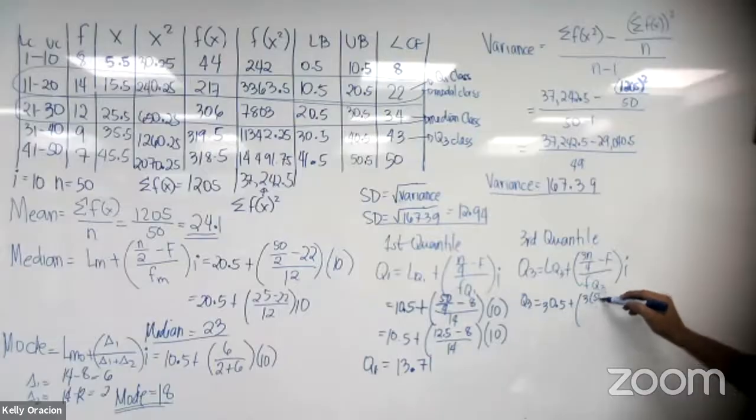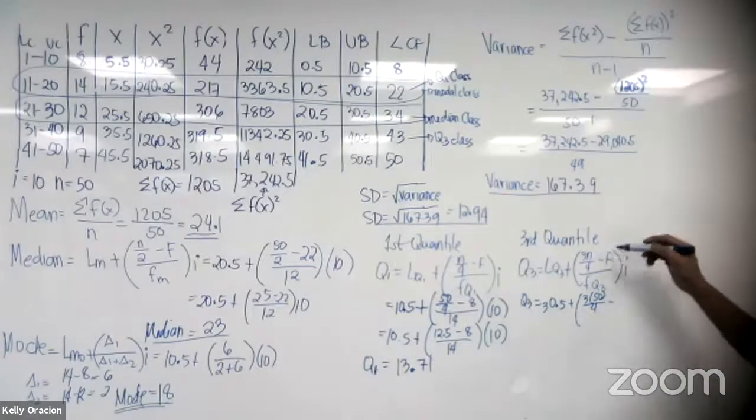Then 3 times 50 divided by 4 minus, what is this big F?